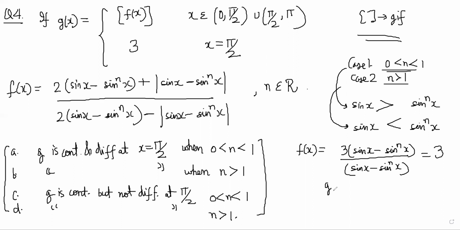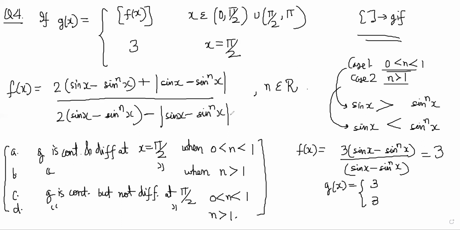So g(x) is 3 only. It's 3 everywhere, so it is continuous and differentiable at x = pi/2. It becomes a constant function, no? For n less than 1.